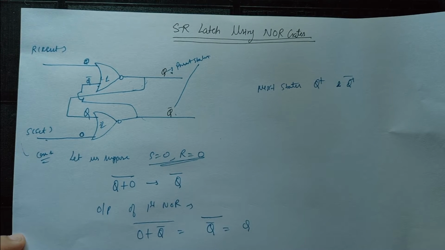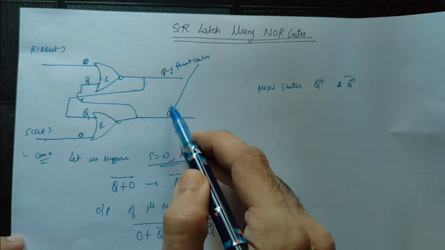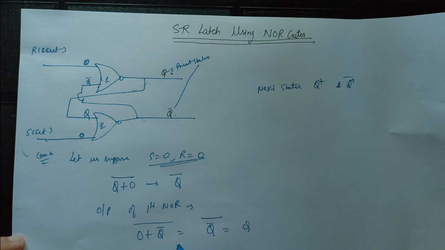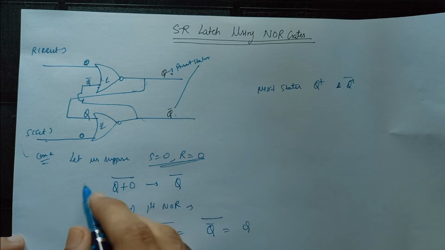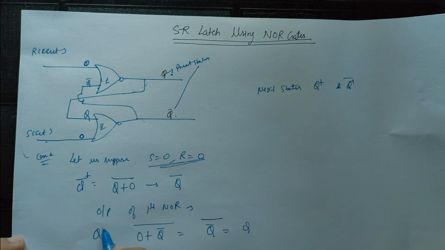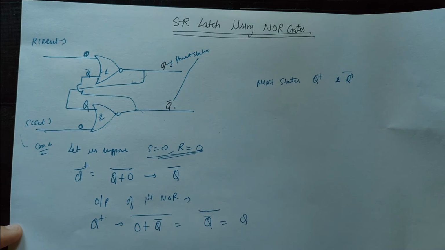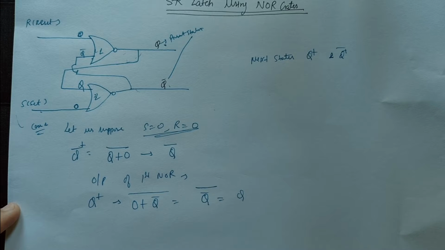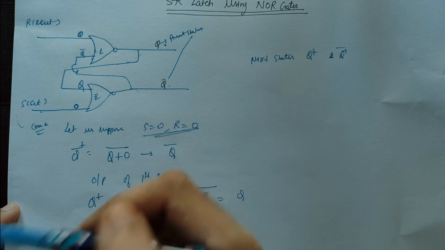So what we can say here is that the present states were Q and Q bar, and the next states are also Q and Q bar. The next states are the same as the present states.